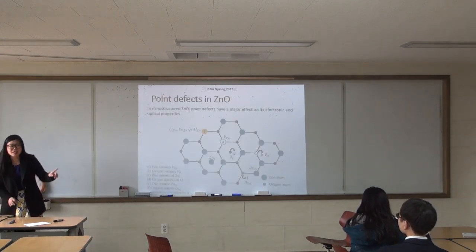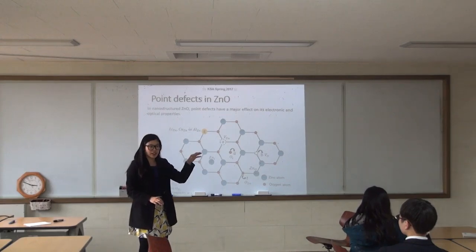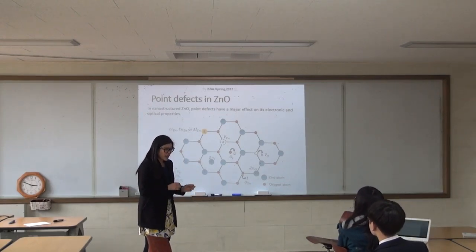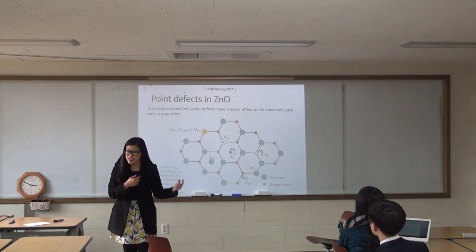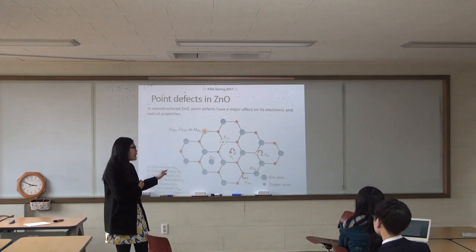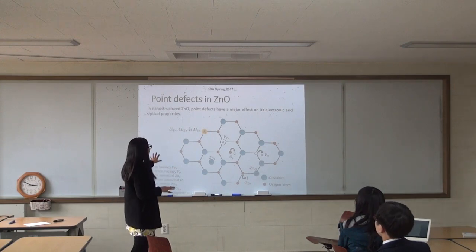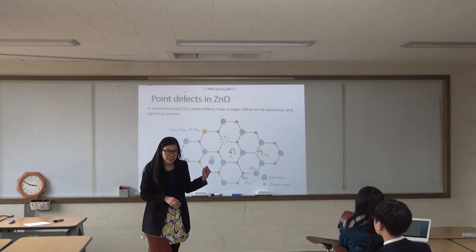But as you can see from the first slide, the topic is the effect of surface defects. Defects are going to affect the electrical properties of zinc oxide. Before we go into detail, I'll give you a brief idea. Have you studied point defects before? Yes, right?